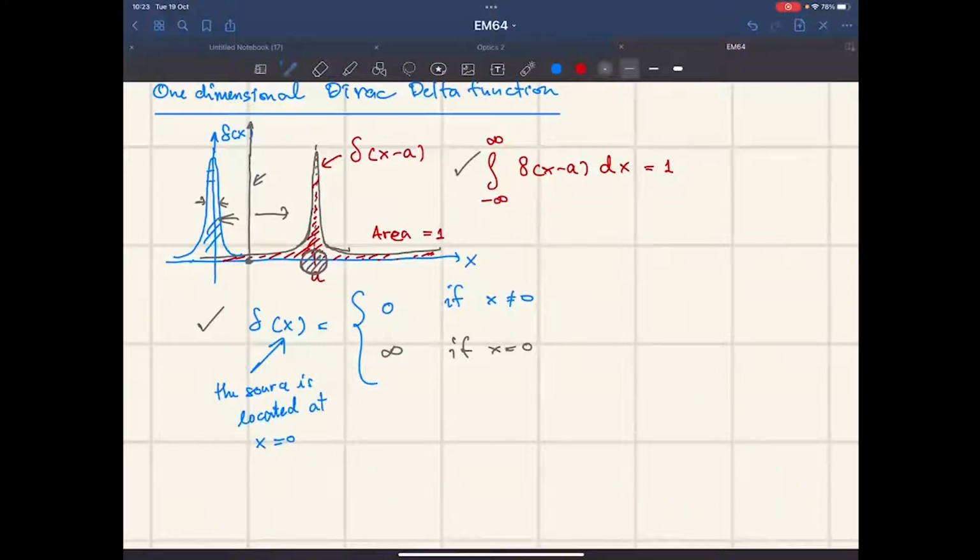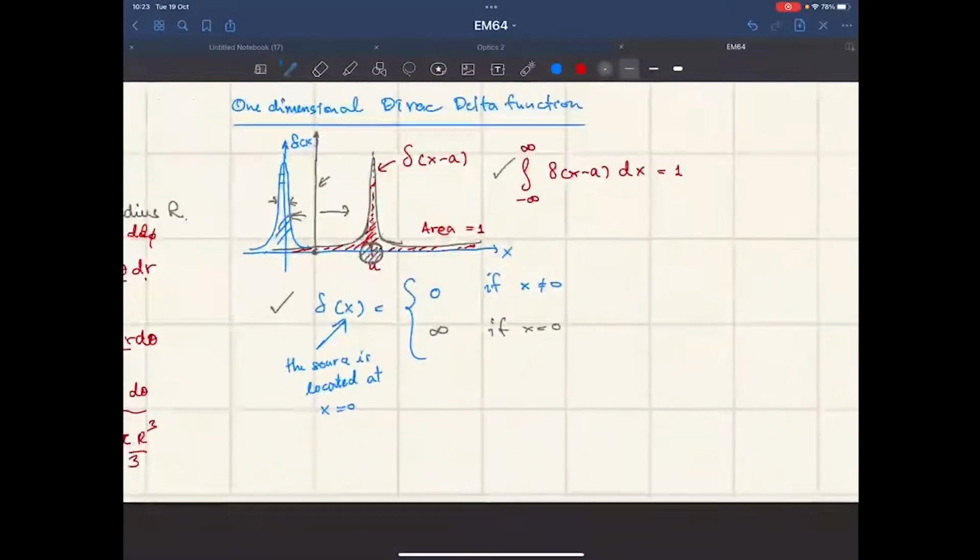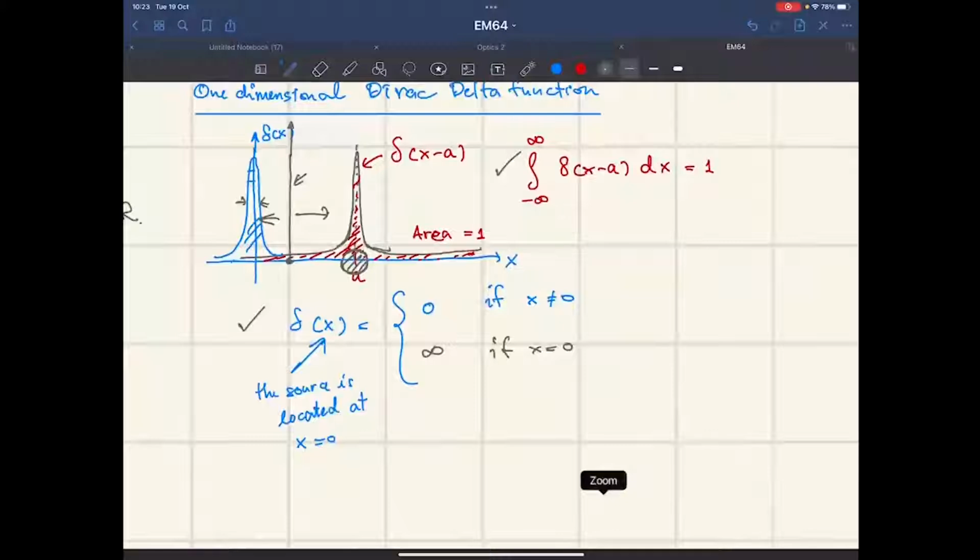Any questions? Okay, no questions. Everyone understands it. Good. So let me draw another plot here. Now let me put another Dirac delta function here, like a line here, and this thing is a here.